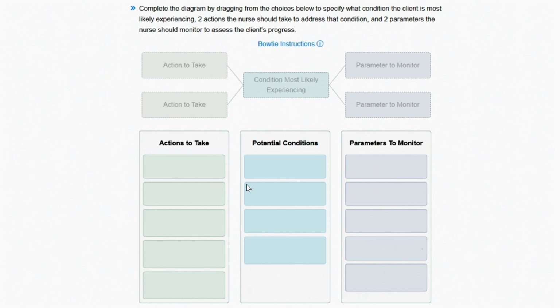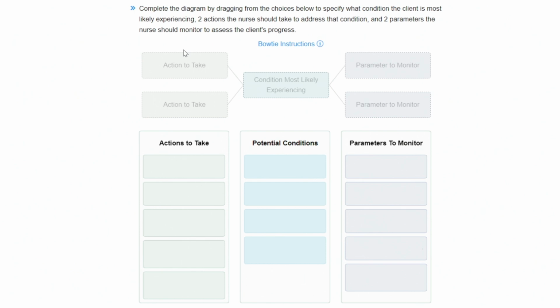You can drag blue boxes into blue, and you can drag purple into purple. So they line up in a vertical column. You can put them in there, change your mind, and pull them back down and go back and forth. But you'll be focusing on how this here says actions to take, and so they're going to go in the action to take boxes. So that's the format of it.